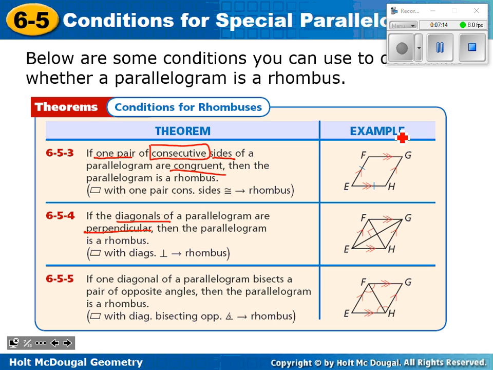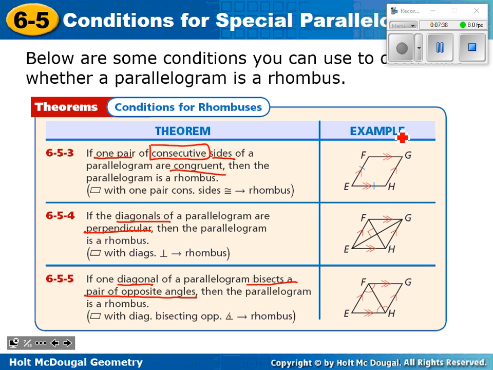And then the last way to prove it's a rhombus, again, this is a little bit of a shortcut. We learned last class period that the diagonals will bisect opposite angles, but you only need one pair of opposite angles bisected to prove that it is a rhombus. So if you look at the picture, only one diagonal is shown and those opposite angles are bisected.